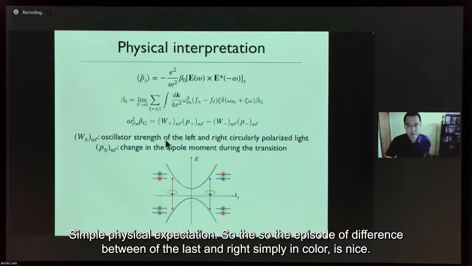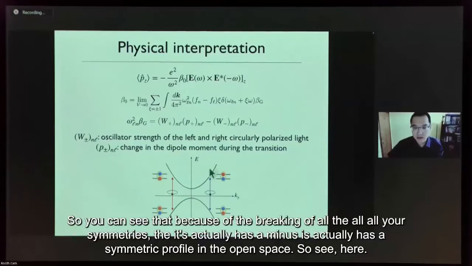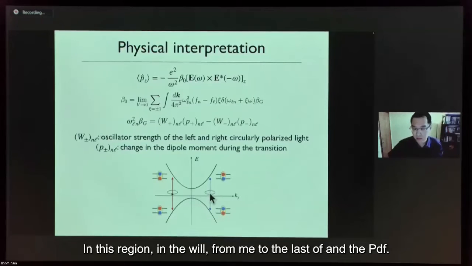Because of the breaking of all the mirror symmetries, W plus and W minus have an asymmetrical profile in momentum space. In this region it will respond more strongly to left-handed light, and here it will respond more strongly to right-handed light.